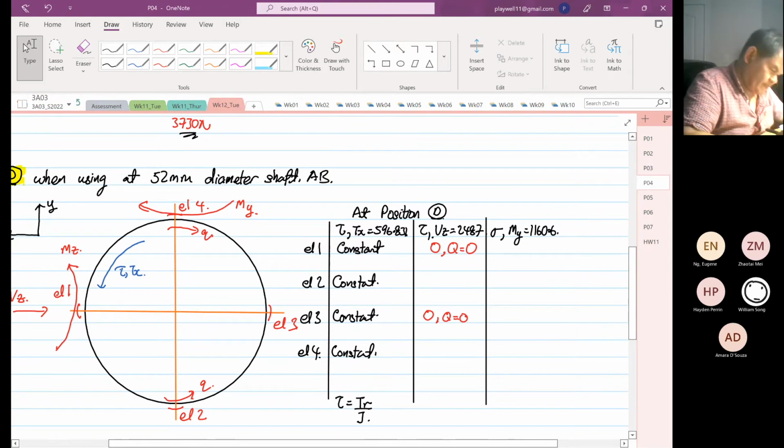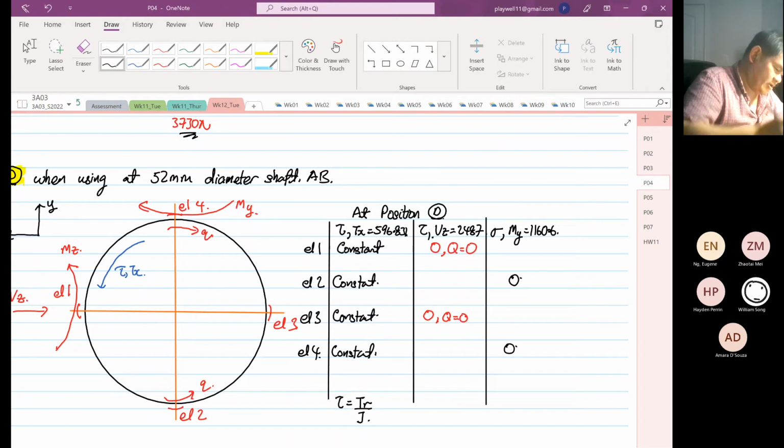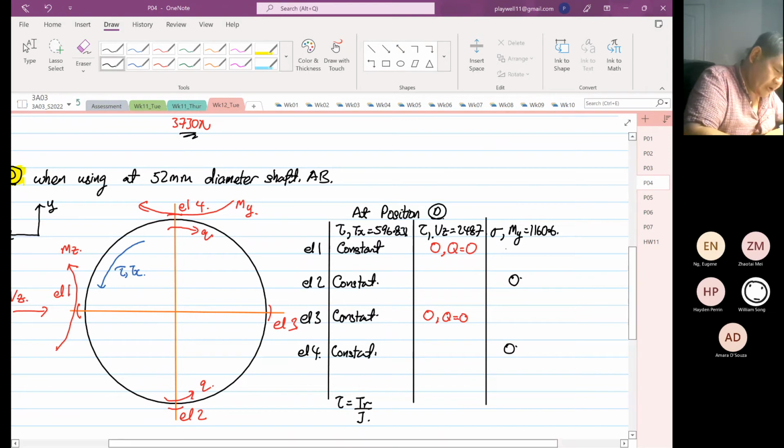What we know, for element 2 and 4, will be 0, right? And then element 1, due to moment about y, will be under compression. This will be under tension.